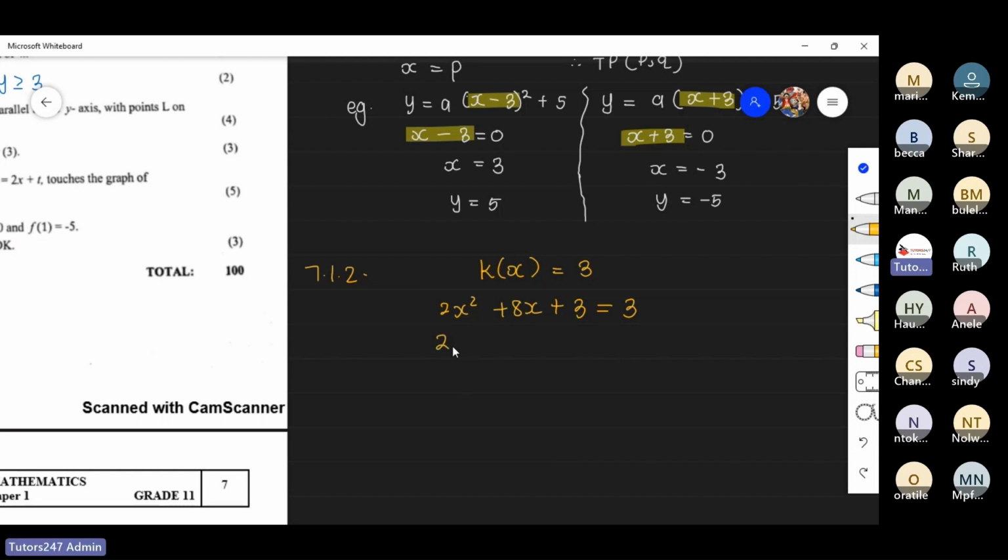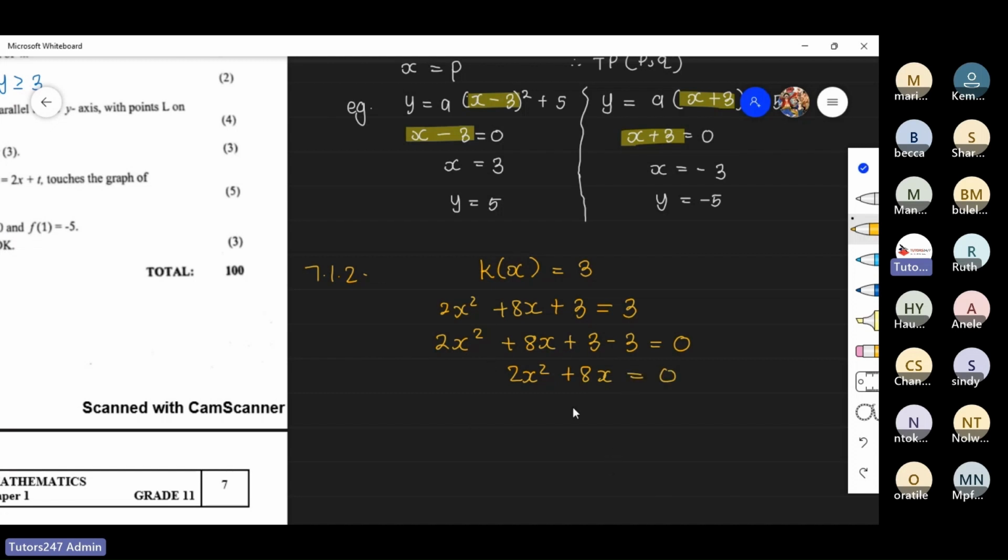So if we bring the 3 on the right to the left-hand side, that's going to be minus 3 equals 0. From there, you can see positive 3, negative 3 cancel each other out. So you are then left with 2x squared plus 8x equals 0.